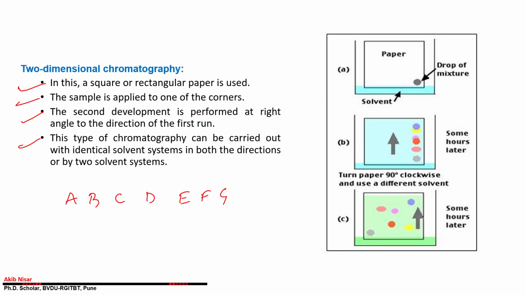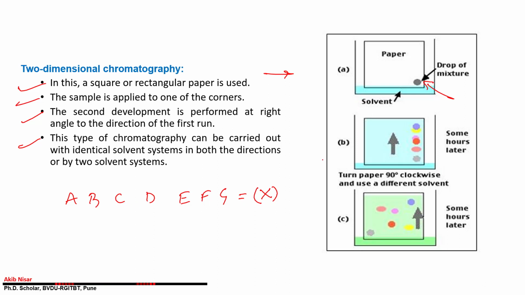When you perform the first step, in one dimension, you put a drop of the mixture and do a simple chromatographic technique. You spot the mixture, a mixture X of A, B, C, D, E, F, G.